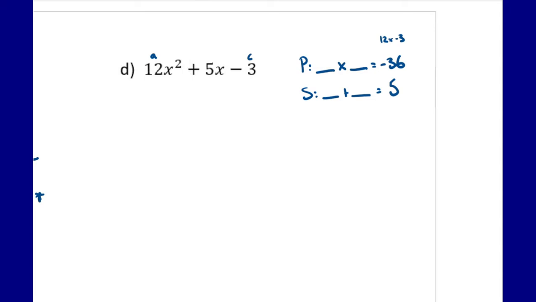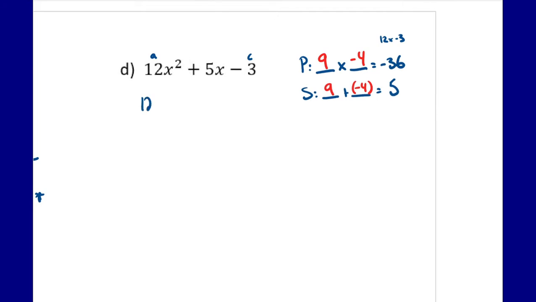So again, it might take some guesswork, but we should find that 9 and negative 4 work. 9 times negative 4 is negative 36. 9 plus negative 4 is also 5. So those are my two numbers. It does fit this kind of puzzle.